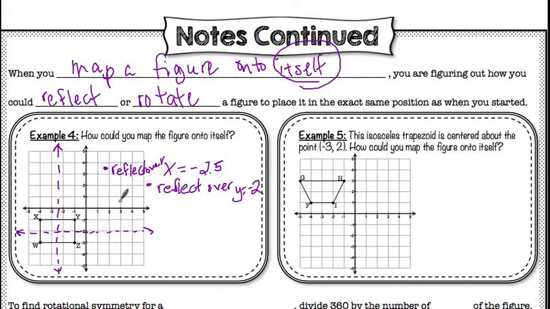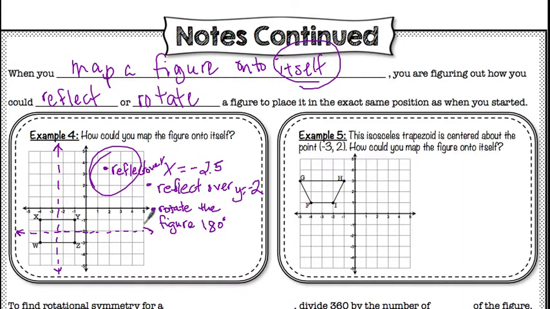So this is talking about rotational symmetry. Again, how could I map the figure onto itself? I could rotate the figure. How many degrees would make it look the same? I could rotate the figure 180 degrees. Now, not about the origin, because if I rotate about the origin, the figure will be in quadrant 1, which is not in the exact same position.